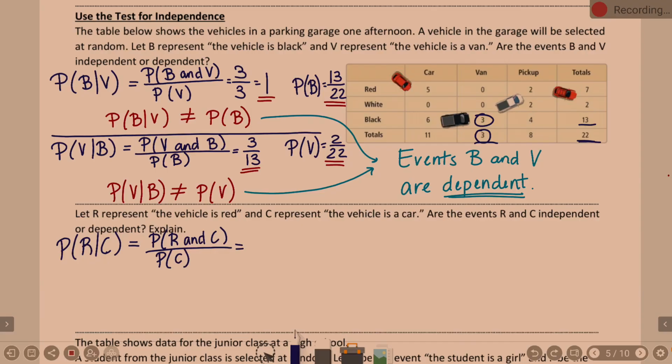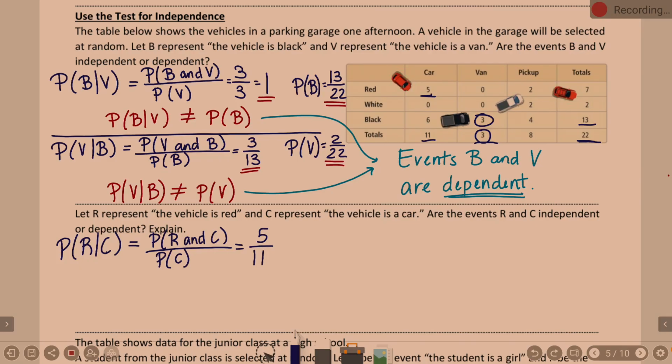What do we know about the probability of being red and a car? There are 5. What do we know about the probability of being a car? There are 11. 5 11ths. What do we have to compare this probability to, to test for independence?